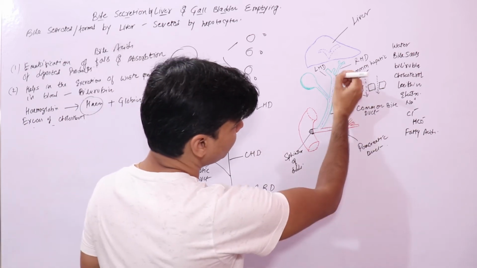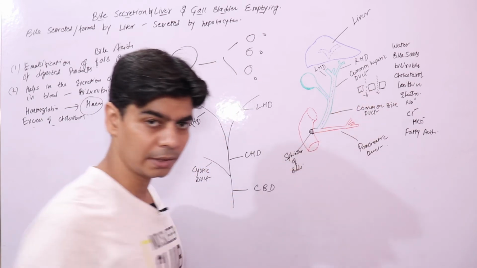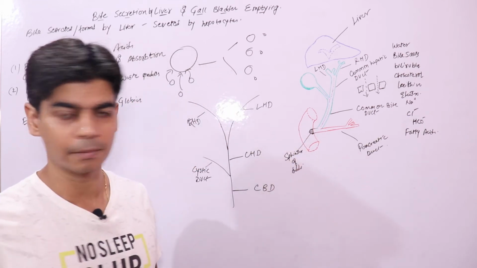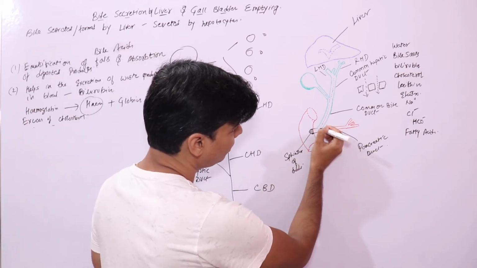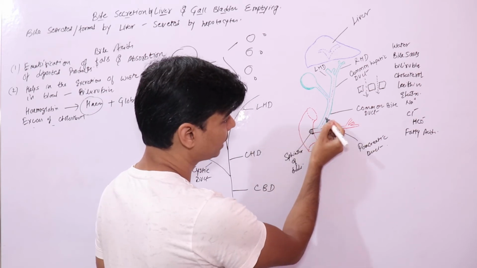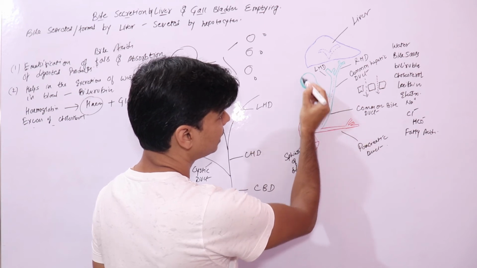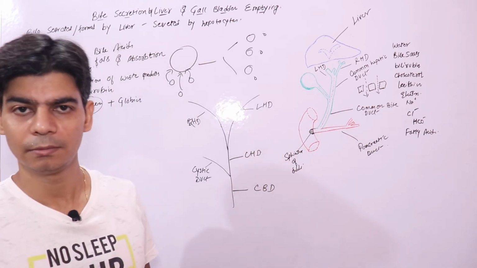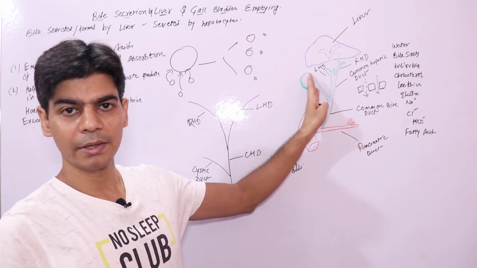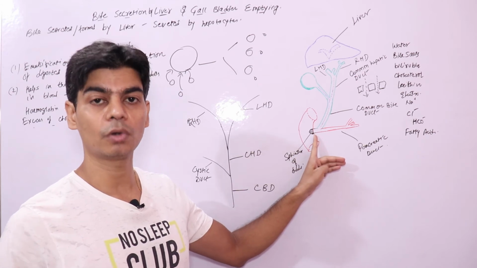So when bile is flowing and the sphincter of Oddi is closed, it will not allow its entry into the duodenum. So this bile will start backing up. When this gate is not opened, it will start backing up, and through the cystic duct it will start moving inside the gallbladder. This is how it gets stored in the gallbladder when the sphincter of Oddi is not relaxed.